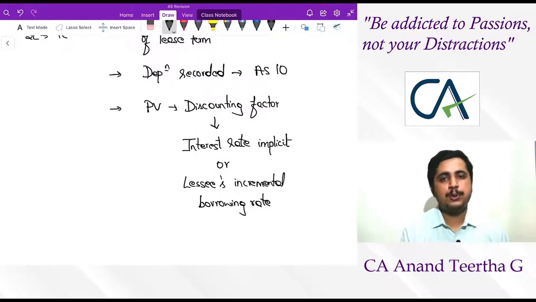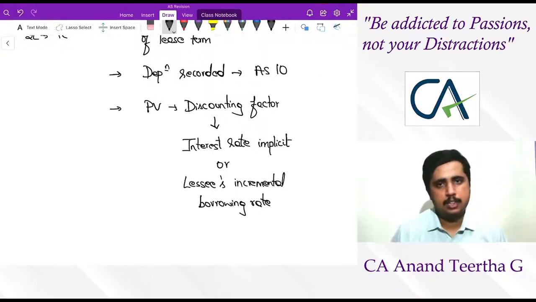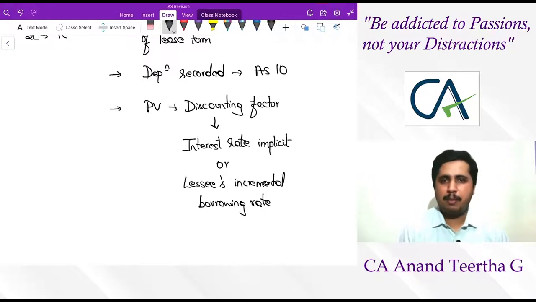If you are supposed to buy the asset on your own, and you borrow funds and buy the asset, at what rate you are going to borrow funds, that will be considered for this particular purpose. Because vehicle, it might be different, a structural element, it might be different, etc. So at what rate it is supposed to get considered. So accordingly, finance lease will be recorded in lessee books.